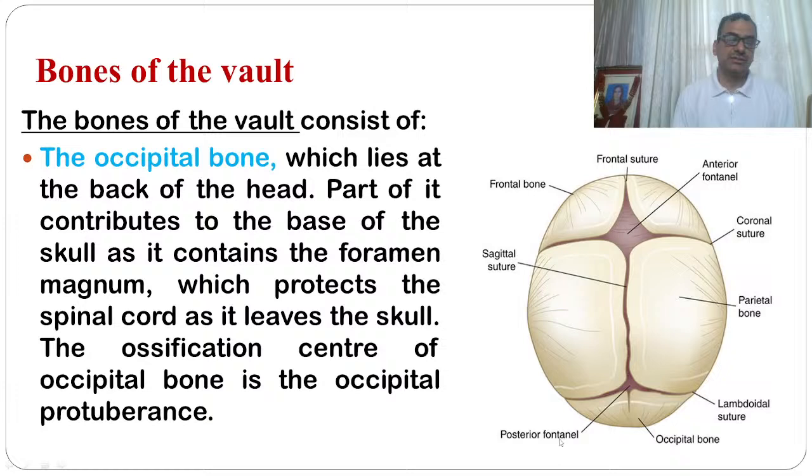The part which forms the base contains a hole known as the foramen magnum, which protects the spinal cord as it comes out of the skull. The ossification center of the occipital bone is the occipital protuberance. It will be posterior here. You can feel it also.